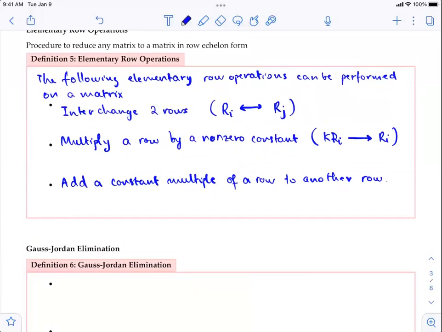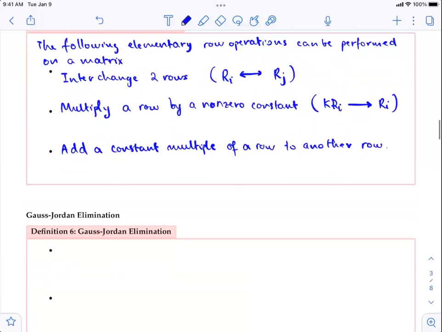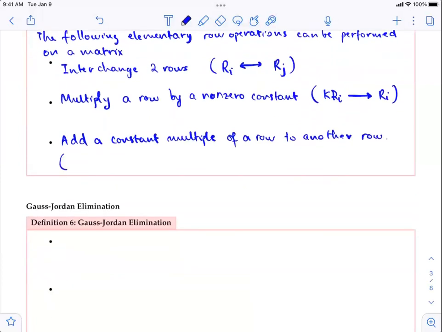Let's just talk about two rows, row I and row J. If I want to create a new row I, I multiply row J by a non-zero constant, and I add that to row I to create a new row I.